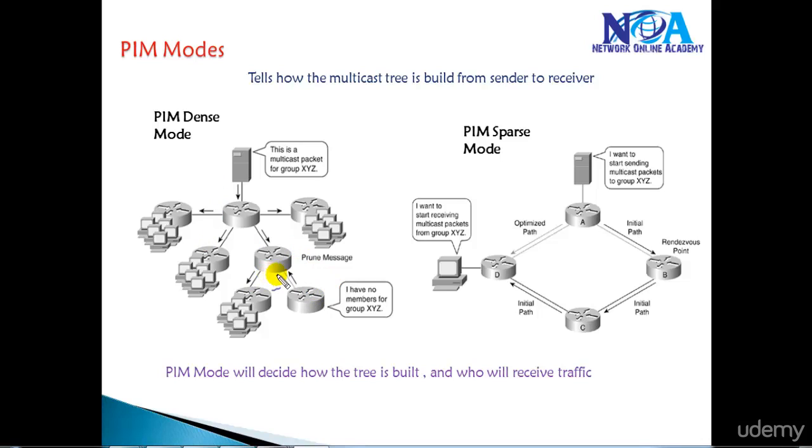That is not applicable for big networks. Whereas in sparse mode, we configure a rendezvous point, which is like a root, and it decides how the traffic has to be sent from sender to receiver. The sender and the receiver have to register themselves with the RP, and the RP decides the actual forwarding path from sender to receiver.